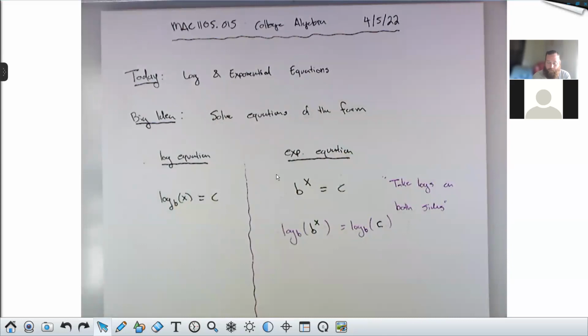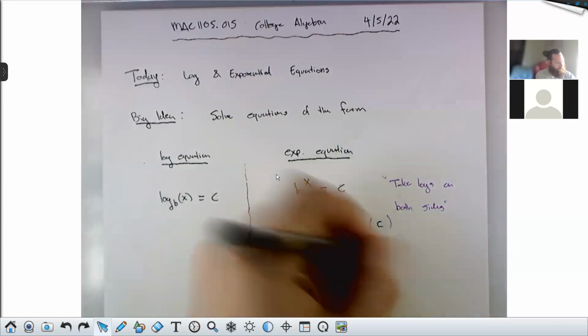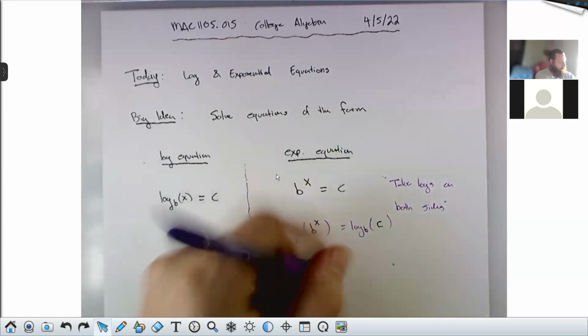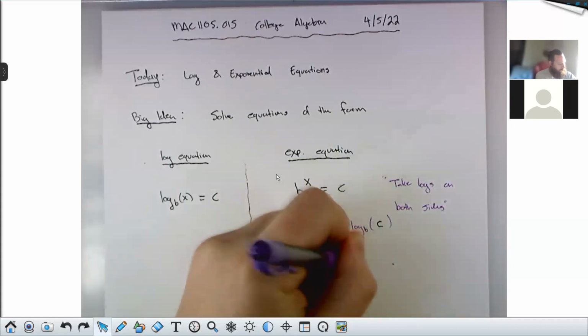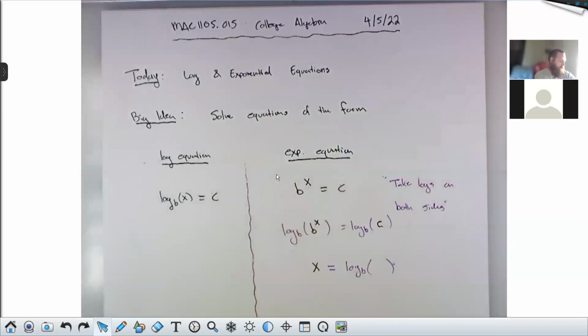I mentioned in the past that we will not always use the base logarithm that matches the thing over here. In fact, I'll pretty much always use the natural log. But the end result is that by a property of logarithms, the log base b of b to the x always simplifies to x, so we'll get x equals the base b log of c.